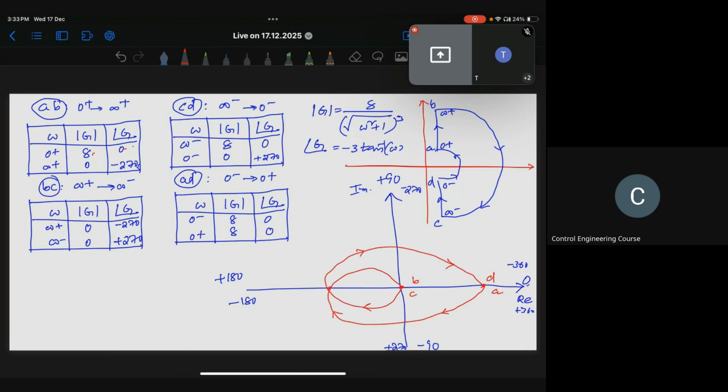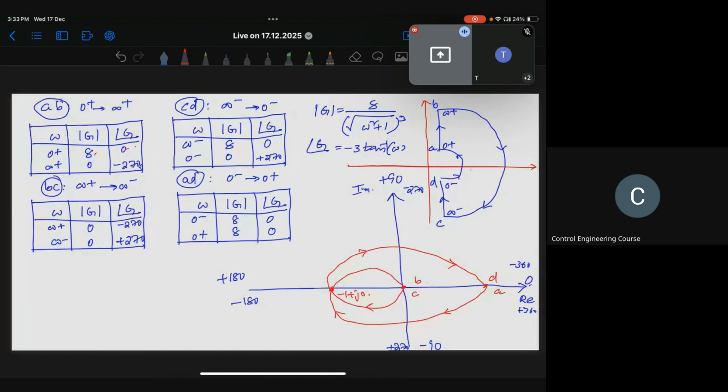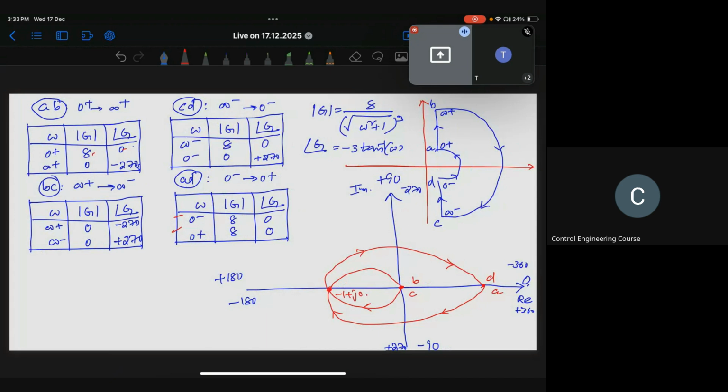Now you can see this has minus 1 plus J0. So all the things put together, D and A, both the points are 8 only. So this is 8 plus J0.